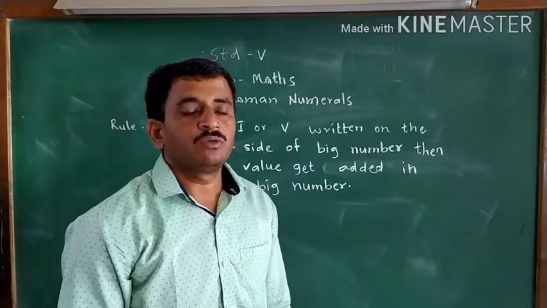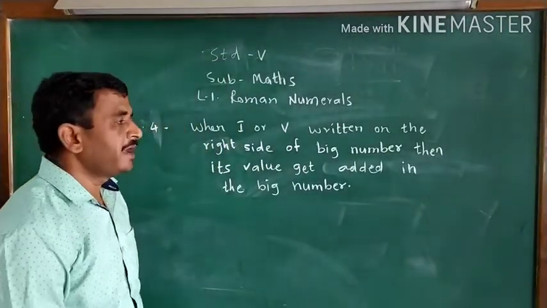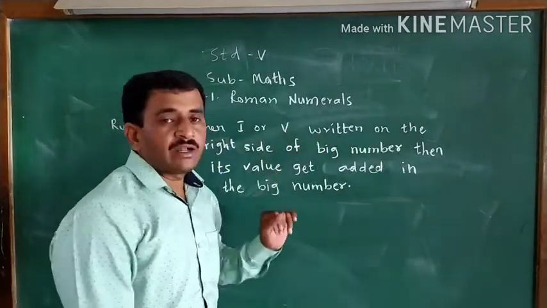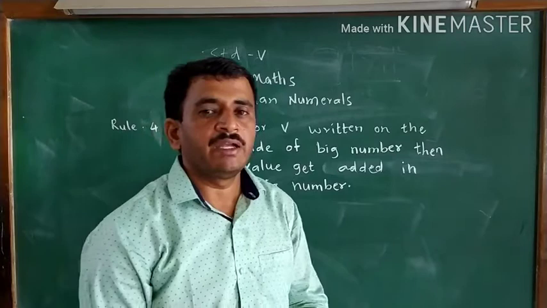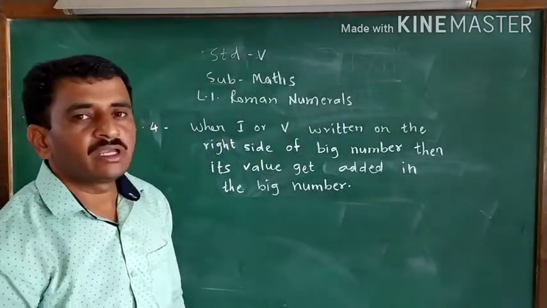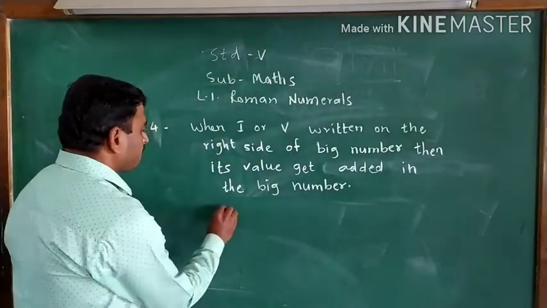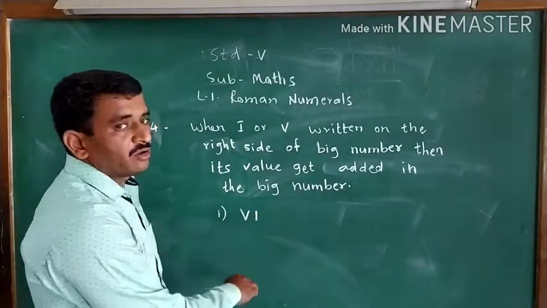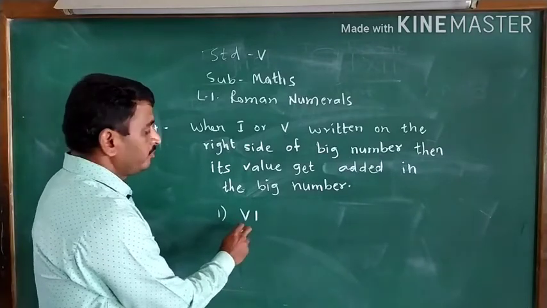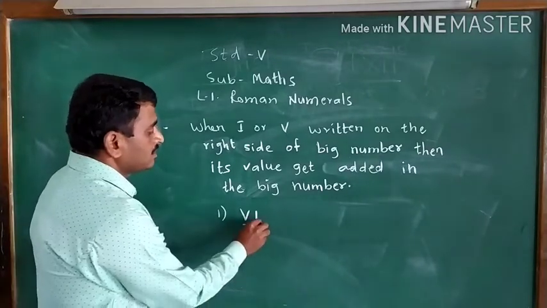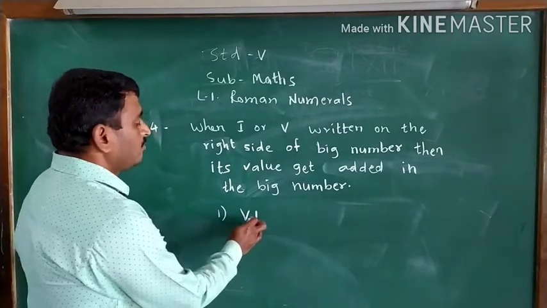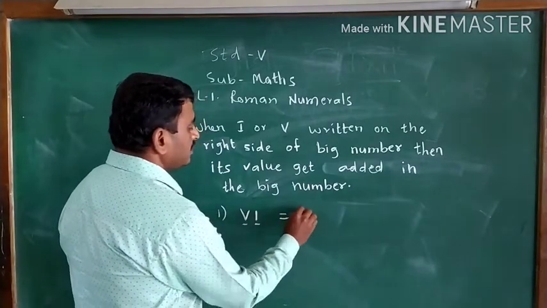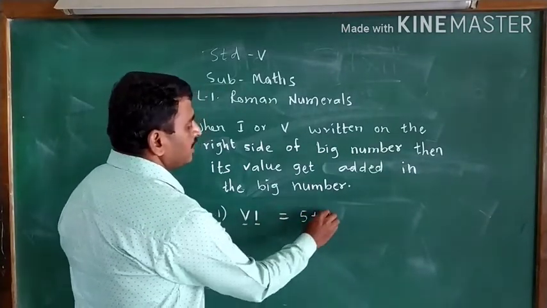Now we are going to see rule number 4. Rule number 4 says that when I or V is written on the right side of a big number, then its value gets added to the big number. We take one example. VI. Now see, this I is written on the right side of this V. So V is a big number and I is a small number. So value of I gets added into the value of V. So value of V is 5 plus value of I is 1.